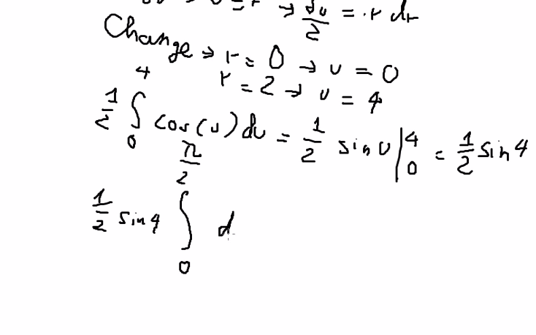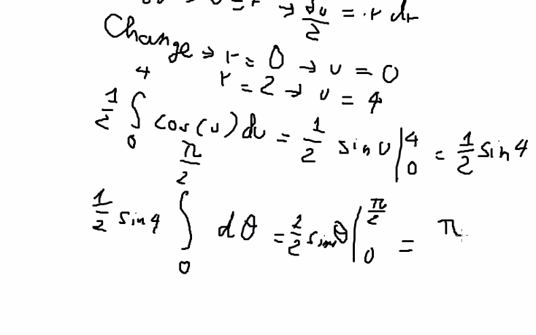This is the theta. So you got theta and we have the bounds in here. So we put pi over 2 in here. And we got pi sine of number 4 over 4. And this is the final answer.